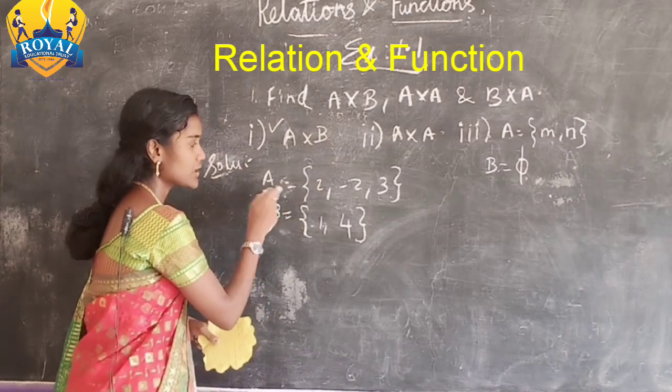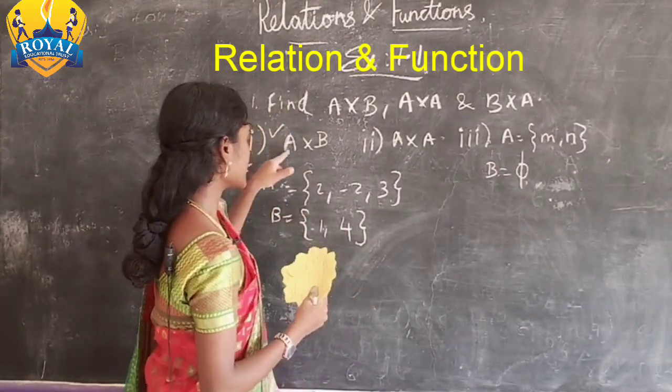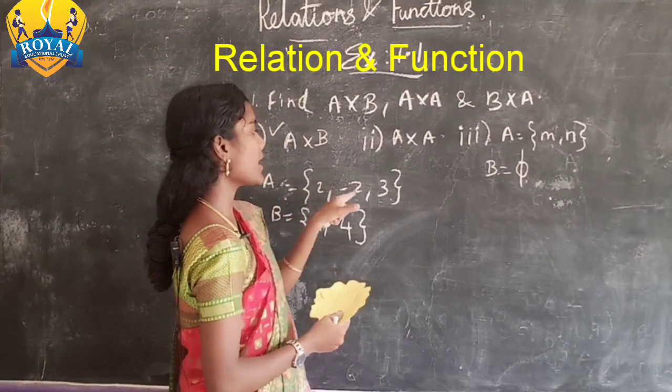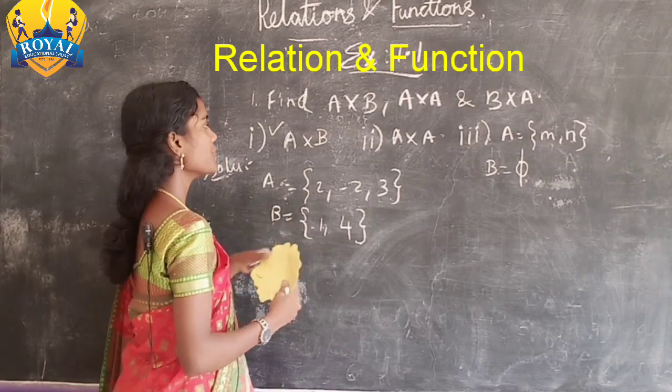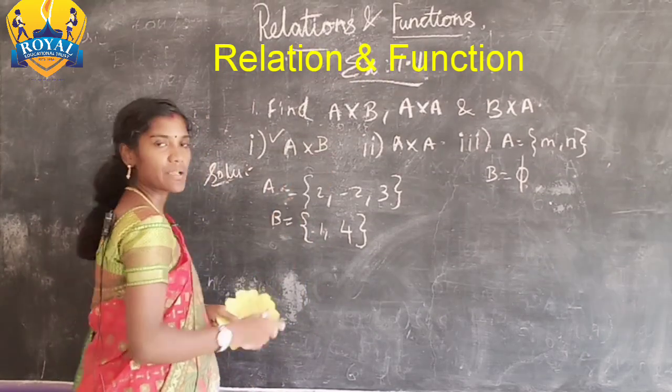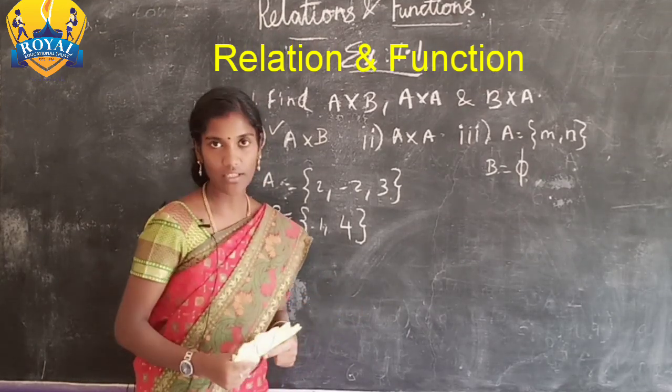A cross B: you have to combine the two sets, that is A cross B, where A is equal to {2, -2, 3} and B is equal to {1, 4}. Write it in your note.